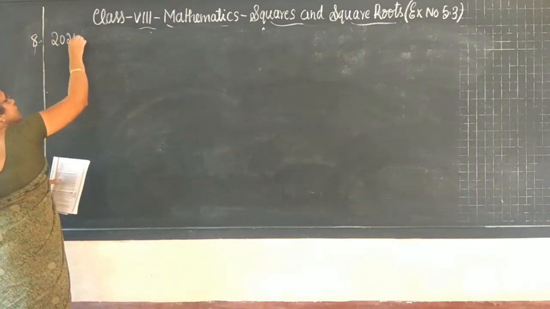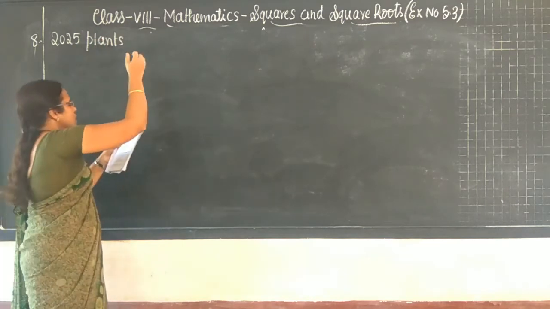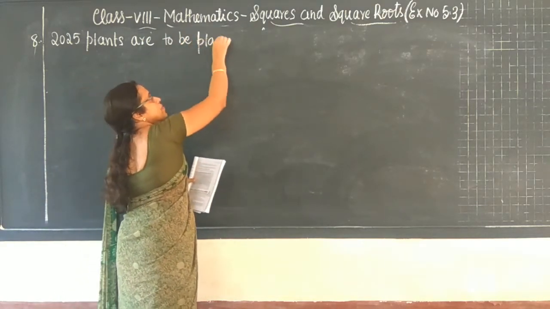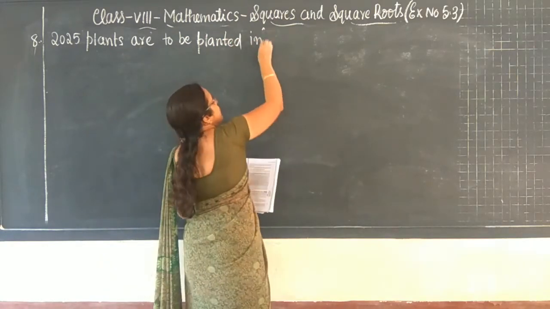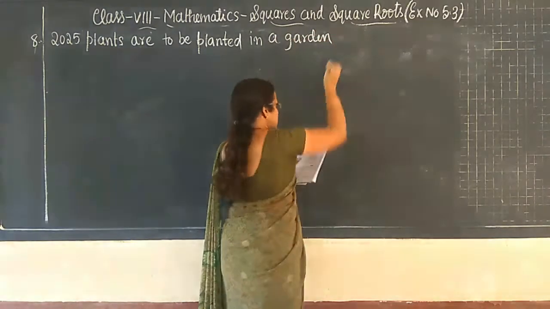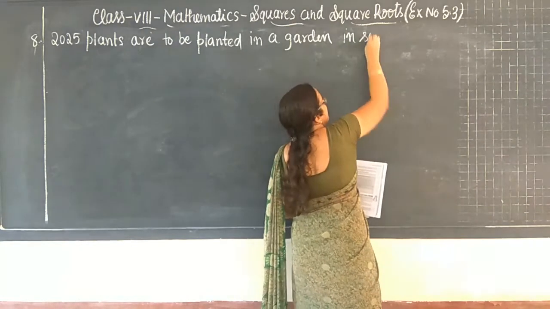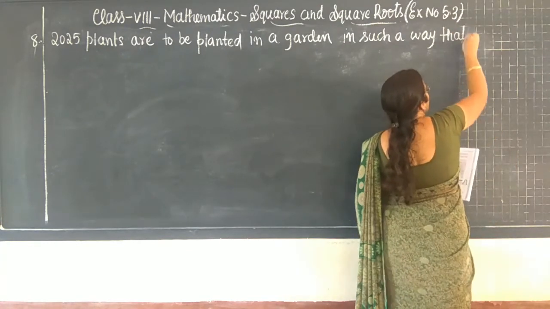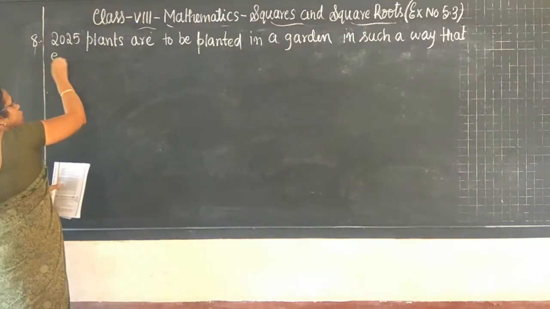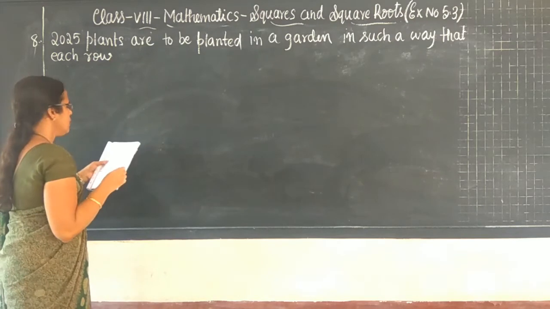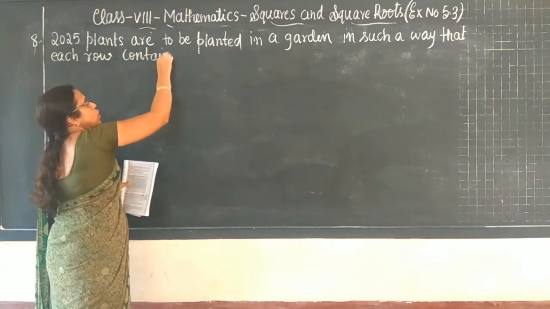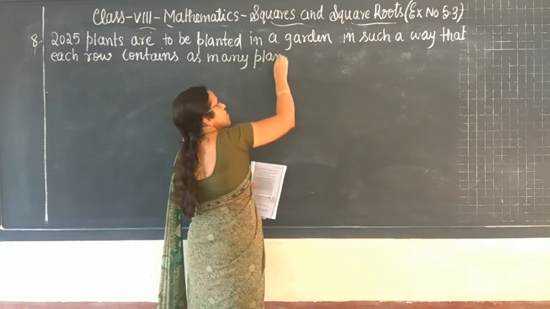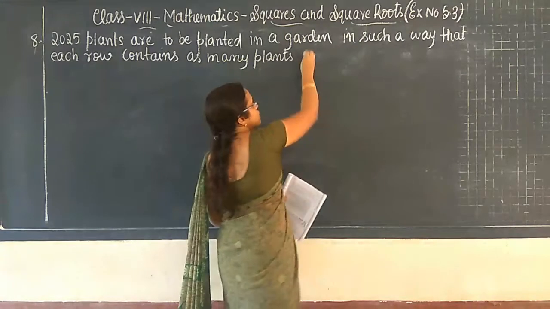2025 plants are to be planted in a garden in such a way that each row contains as many plants as the number of rows.